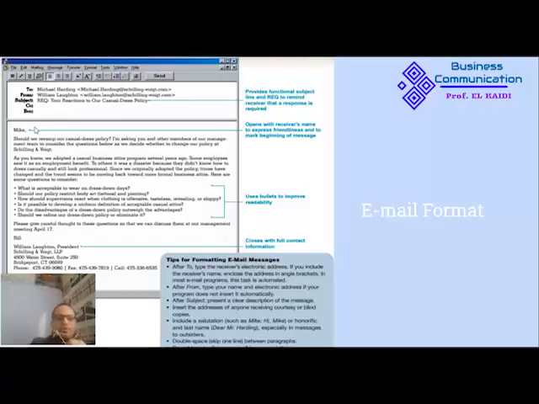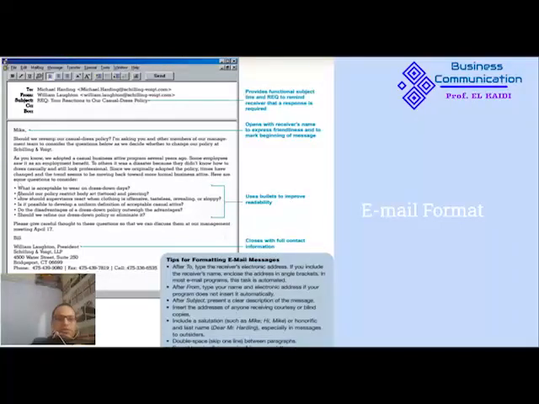Remember that when it comes to the format, it is exactly the same as letters or business letters that we talked about during the session. You should abide by the guidelines of the blocked format, which means that there is no indentation here. There is space in between the paragraphs.